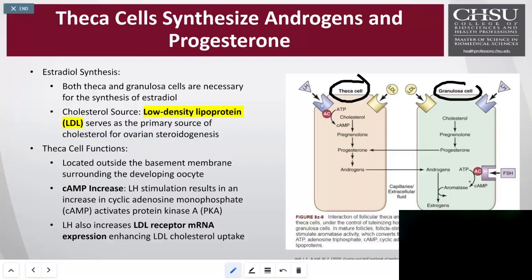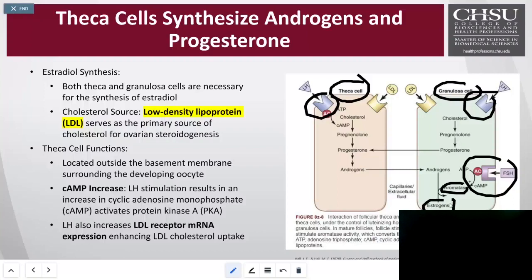Notice here on the theca cells, you have the receptor for LH. And on the granulosa cells, you also have the receptors for LH. So they're the same. The AC just stands for cyclic AMP. But on the granulosa cell, you also have the receptor for FSH. Both systems use cAMP, so increasing cAMP will boost the ability for you to activate aromatase and therefore make more estrogens.